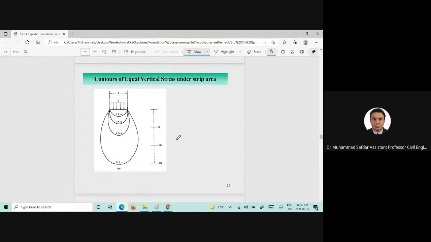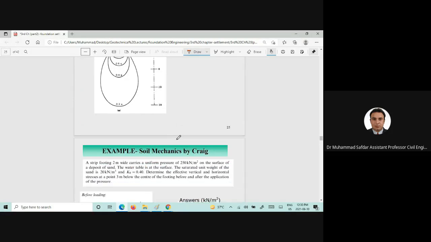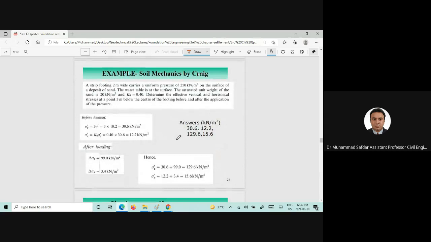Pressure bulbs or isobars are also shown here along the depth of the footing. A short problem from Geotech 1 is also included here: we are given a strip footing with B equal to 2 meters.